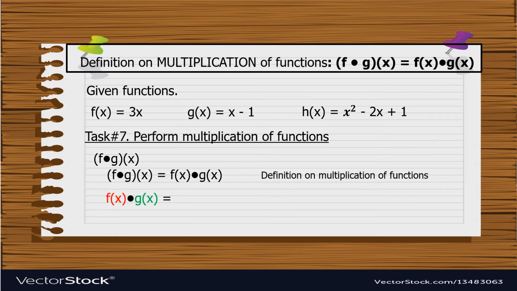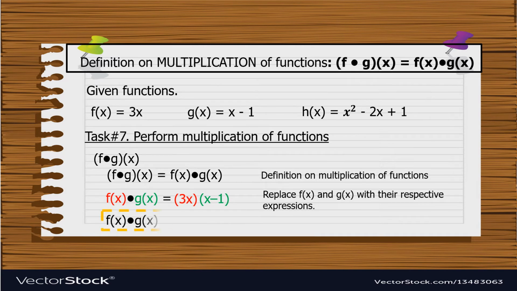Next, f of x multiplied by g of x equals quantity 3x multiplied by x minus 1. So we use parentheses to indicate that our operation is multiplication. So I just replace f of x and g of x with their respective expressions.